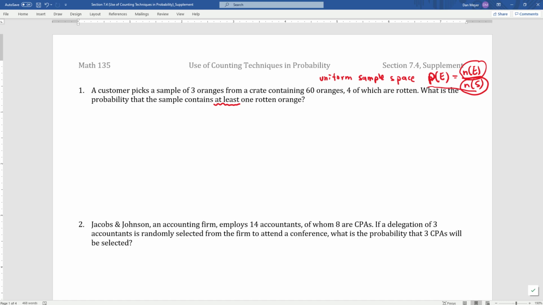We could have one rotten orange, or 2 rotten oranges, or 3 rotten oranges.